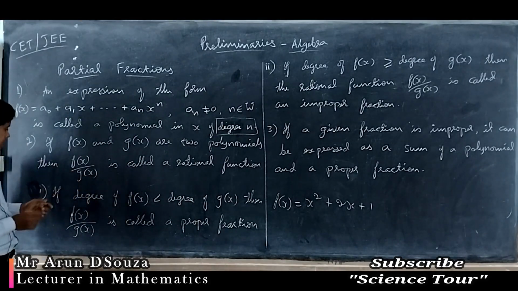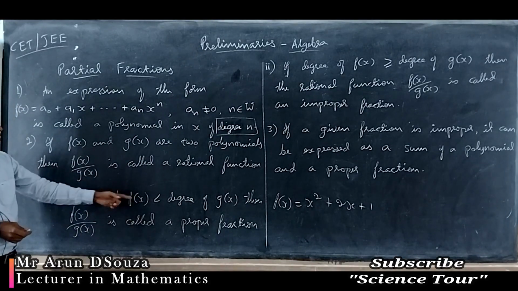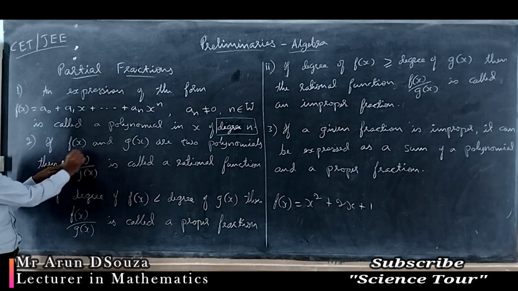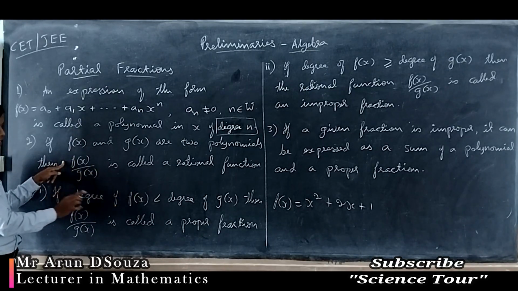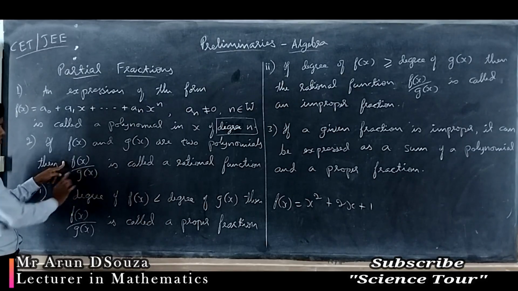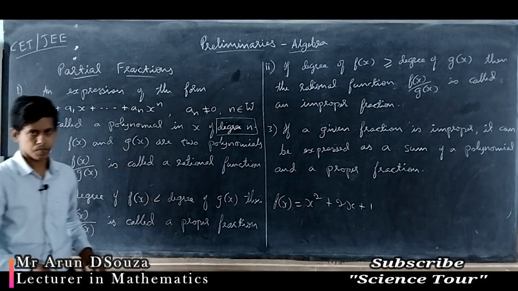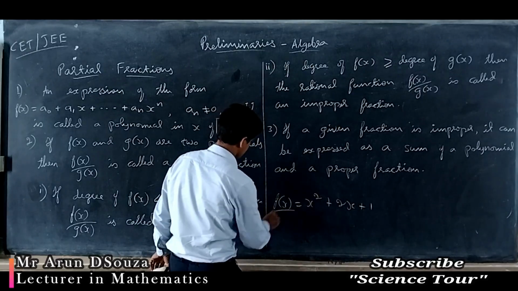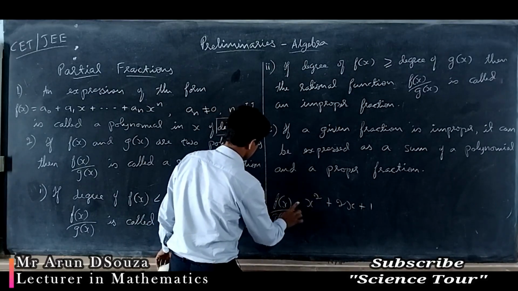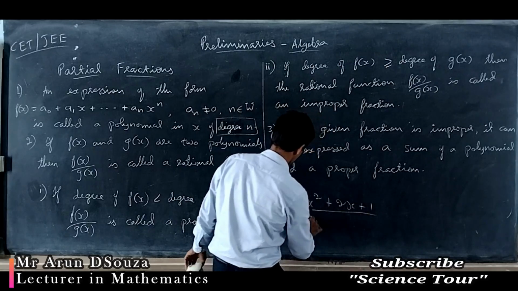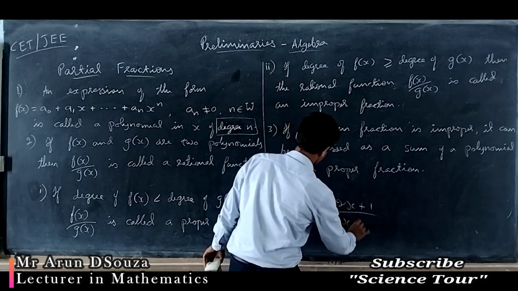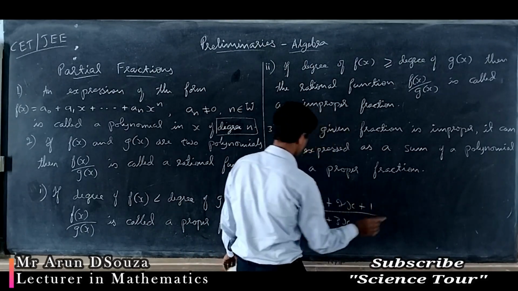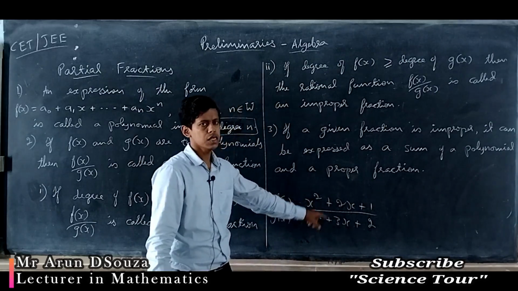Next, if degree of f of x, the degree of the numerator, is less than degree of g of x, the denominator, then it is called proper. I'll give an example. If you have f of x divided by g of x like this, here you have x cube, but degree is 3 here and degree is 2.